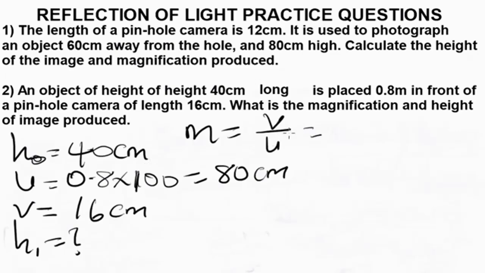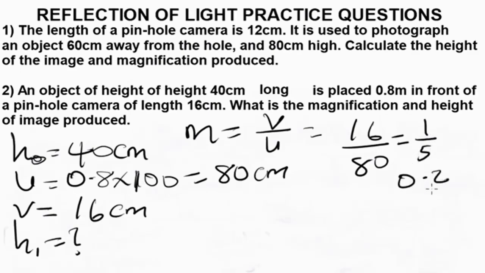So the image distance here is 16 over the object distance, which is 80. When you simplify this, 16 over 80 gives us 1 over 5, which is 0.2. There's no unit for it.